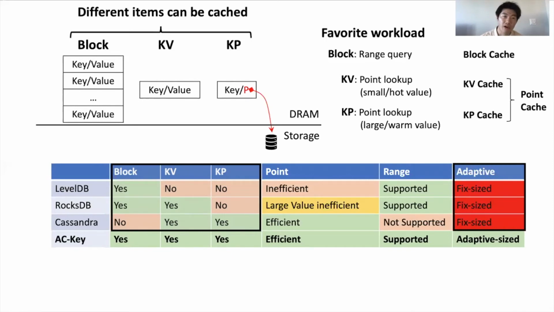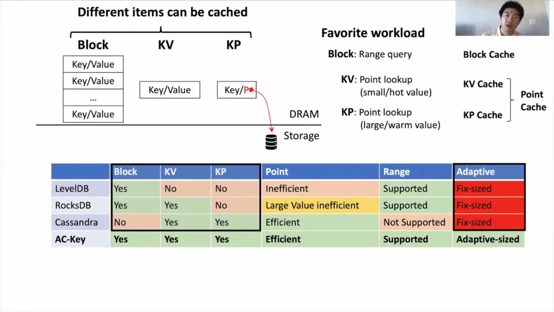Another issue with the existing solutions is that even though RocksDB and Cassandra already have 2 out of 3 components, the size of each component is fixed and predefined. So it may be good for one type of workload, but it will not be efficient for a different workload or a changing workload.